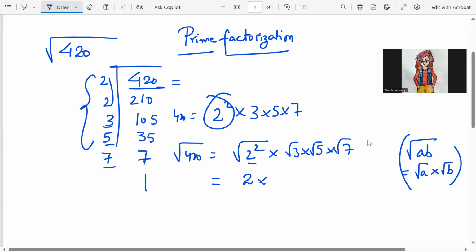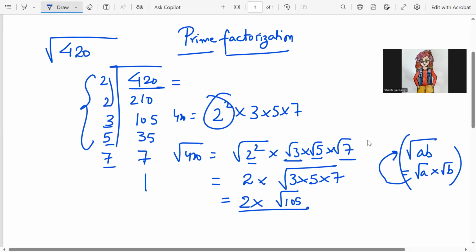Now I'm going to use the reverse of this property where I'm going to go from here to here. So root 3 times root 5 times root 7 is nothing but root 3 times 5 times 7. And that's going to give me 2 times root 105. And the answer is going to be 2 times root 105.